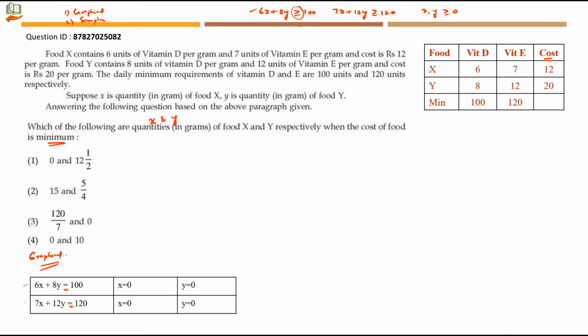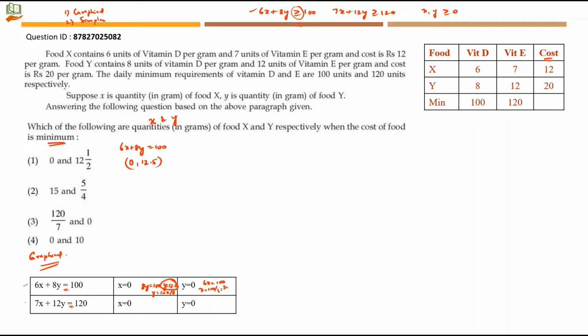Now we will place x is equal to 0. This will make 8y is equal to 100 and y is equal to 100 divided by 8. This will give a value of y is equal to 12.5. From 6x plus 8y equal to 100 we get 0, 12.5. Now we will make y to be 0. So we will have 6x is equal to 100 and x is equal to 100 by 6.